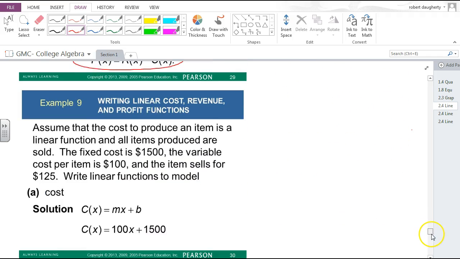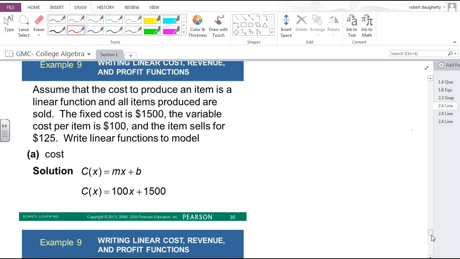So let's take a look at an example. Assume that we have a cost model to produce an item. The fixed cost is $1,500, the variable cost is $100, and the item sells for $125. Write the linear functions to model this. Okay, so in this one, my fixed cost is $1,500. My variable cost per item is 100.